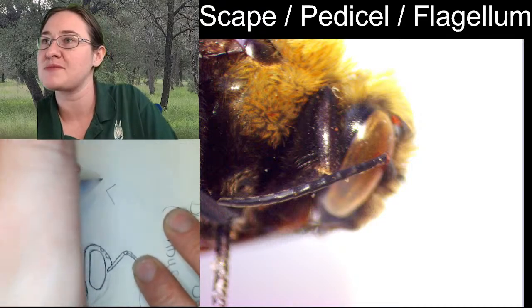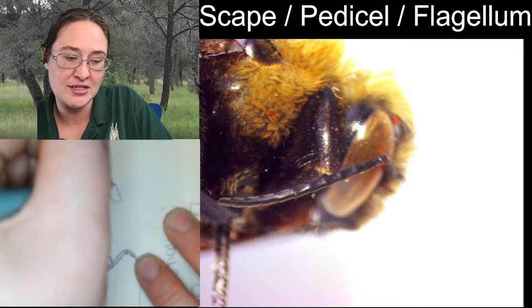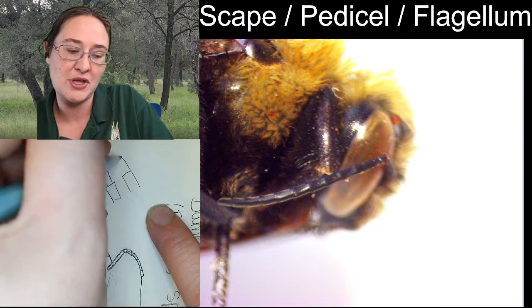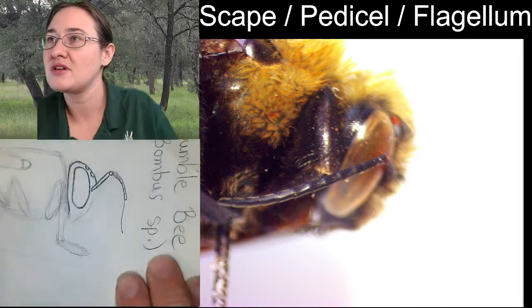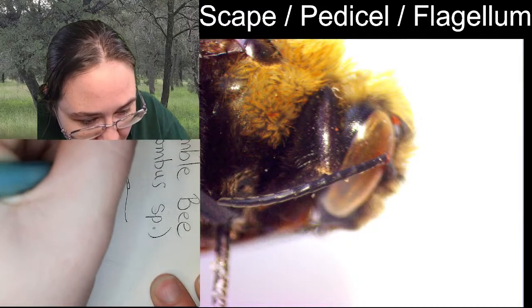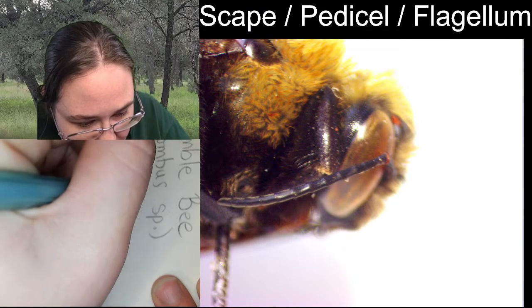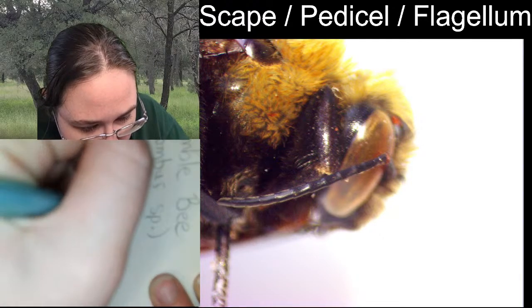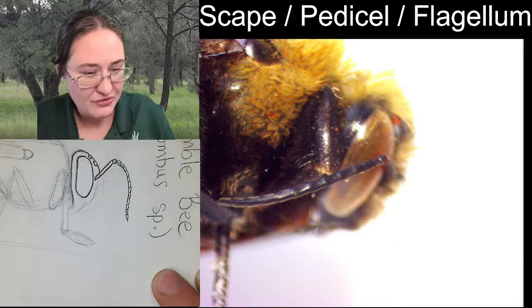Sometimes we build our antenna with lots of angles, but this one is going to be closer to even. 1, 2, 3, 4, 5, 6, 7, 8, 9, 10, 11, 12.